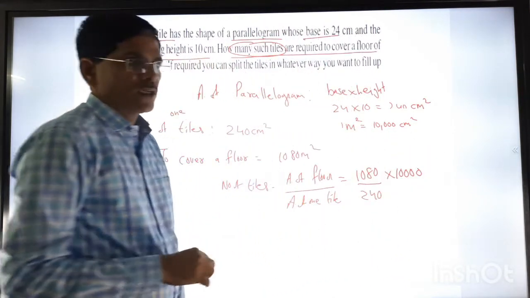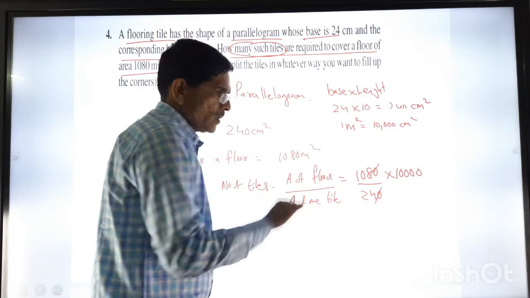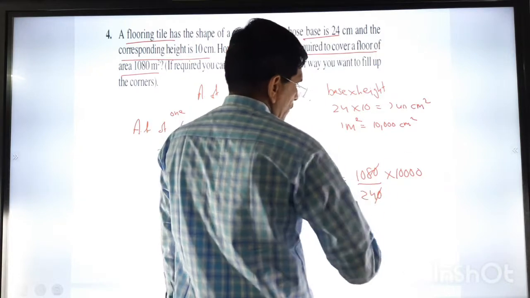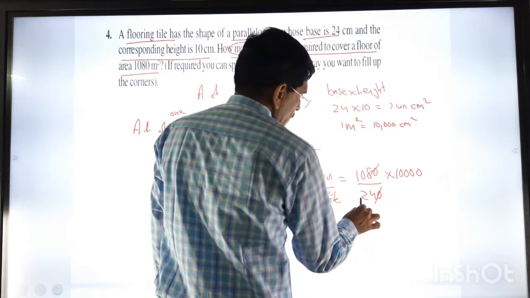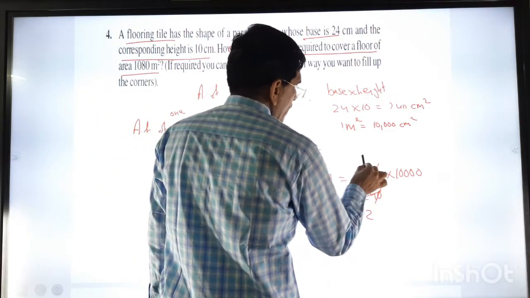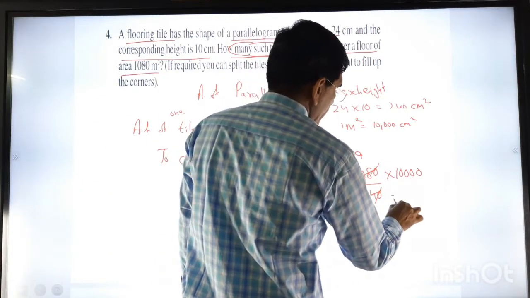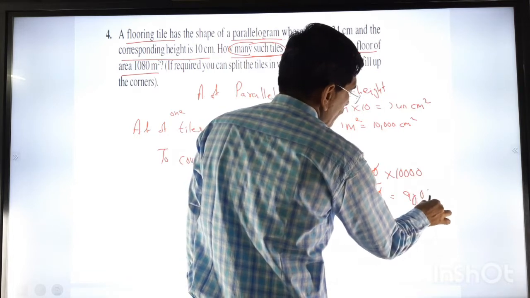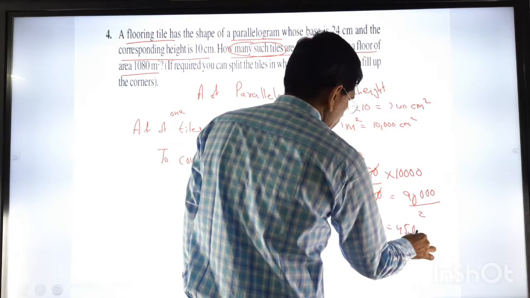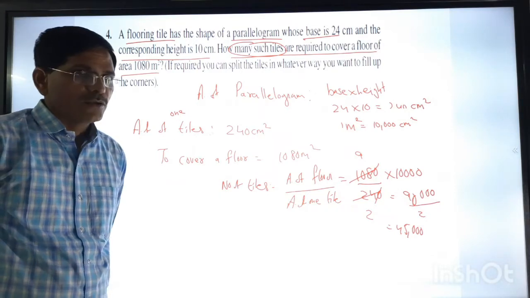Now cancellation: already we have cancelled the zeros. Then 12 2s are 24, 12 9s are 108. So 9 into 90,000, and 90,000 divided by 2 is 45,000. So the number of tiles I have to write is 45,000. Write it now, this also.